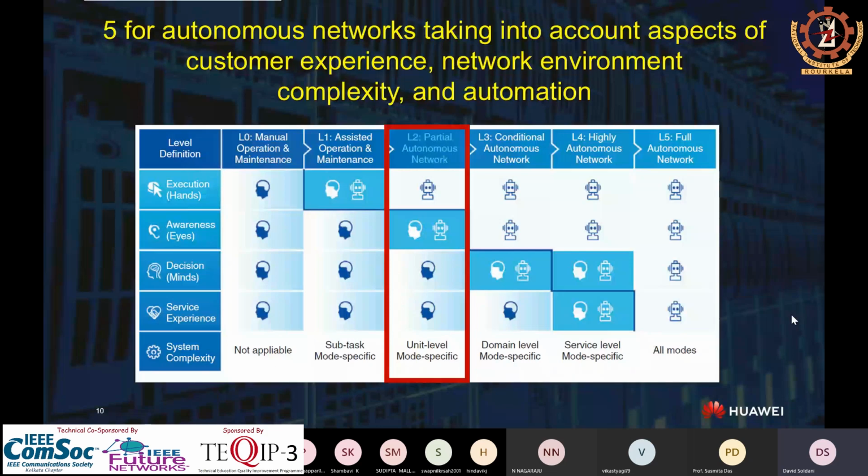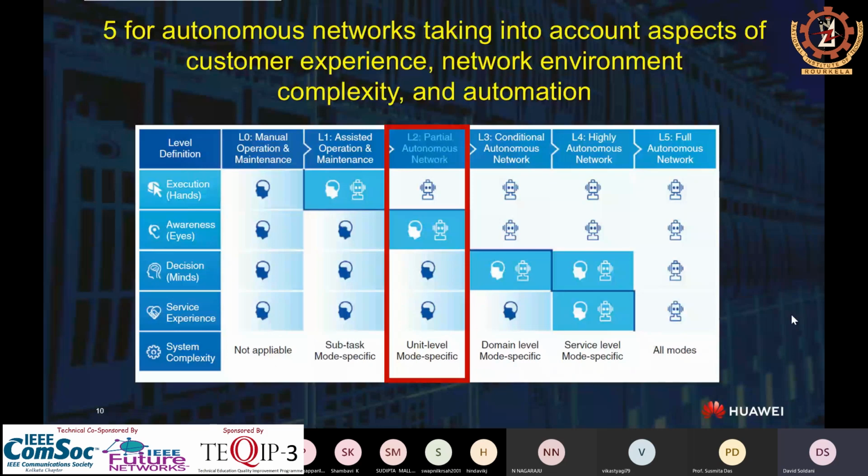So the target, as I said, is to have a self-autonomous, possibly autonomous, self-driving mobile infrastructure. Which means in practice, adopting the concept we have for vehicles, for the autonomous car.